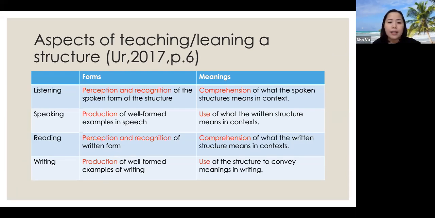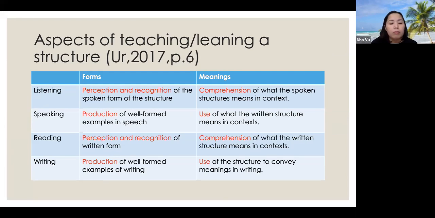For listening and reading, it is perception and recognition. That means to know and recognize the spoken or the written form of the structure, and the meaning here is we have to understand. So when the child looks at mother's, they have to understand that we talk about possession of the mother. It's different from the noun mother.